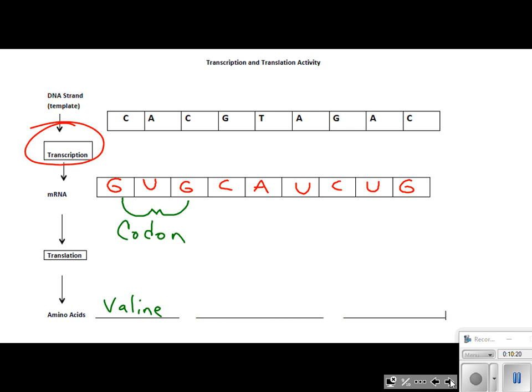Now that will be bonded to my next codon. Okay? Sometimes these codons are referred to, folks, as triplets. Why do you think? Because there's 3 of them, right? So sometimes we hear these called triplets. Okay? CAU.